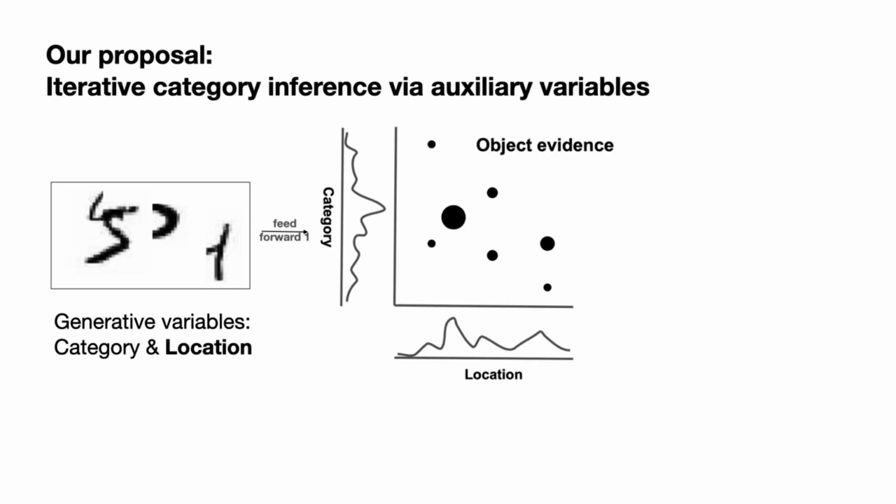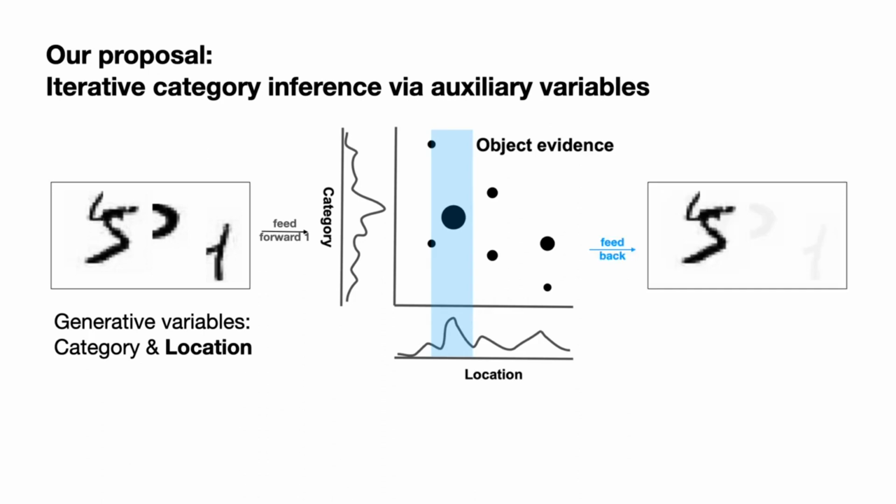Then, using evidence on the location dimension, the network could constrain where it wants information from for the next iteration. It could perform spatial attention using feedback. In the next step, it only receives input from this small part, and its category information would improve. Also, its location inference would improve because the debris has been filtered.